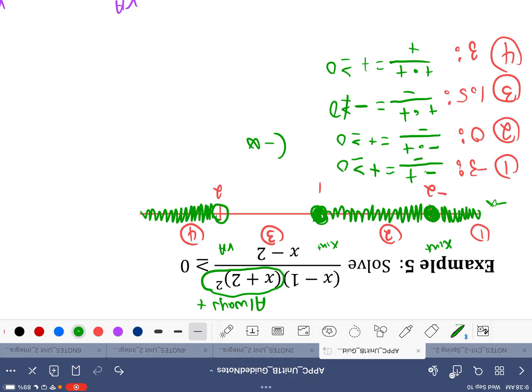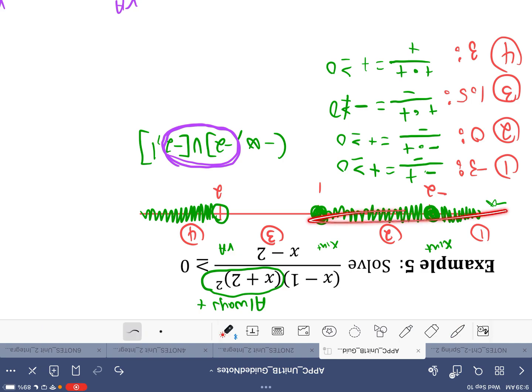Don't write this. Why is this wrong? Yeah, this is redundant. If I go from negative infinity to -2 and I can equal -2, and then I can equal -2 to 1, I didn't need to break them apart. The graph is filled in this whole interval up until 1. So don't do this.